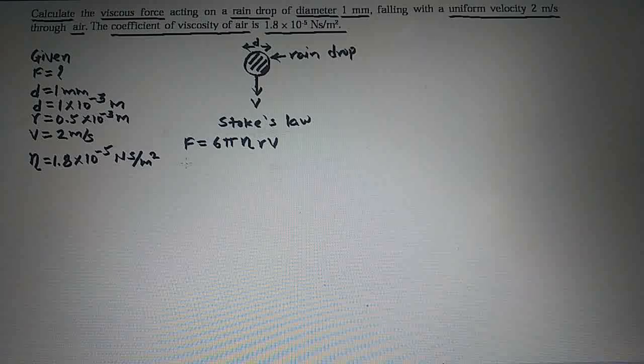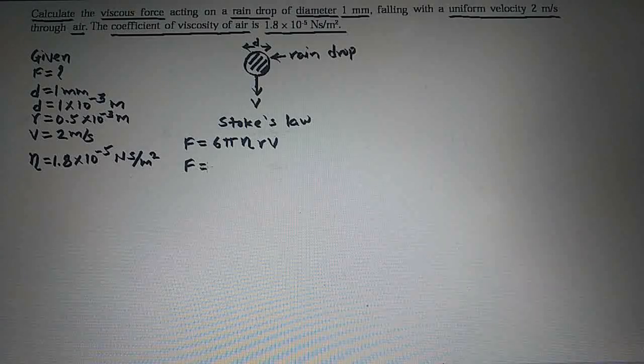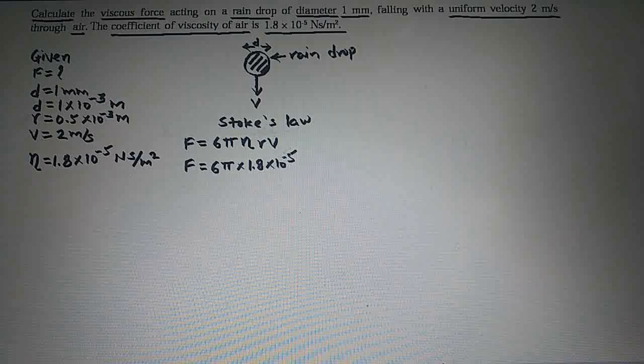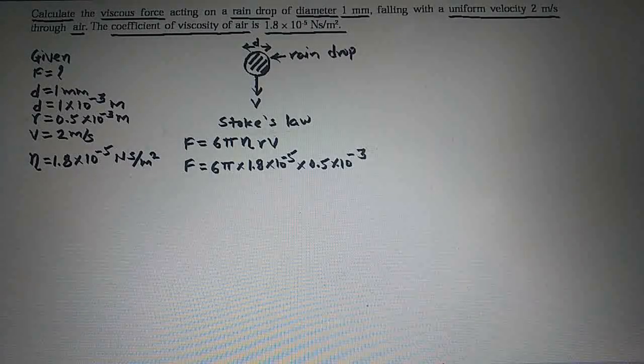So if we put values in this formula, then F is equal to 6 pi into 1.8 into 10 raised to minus 5, this is coefficient of viscosity, into what is r, 0.5 into 10 raised to minus 3 into velocity v is equal to 2.